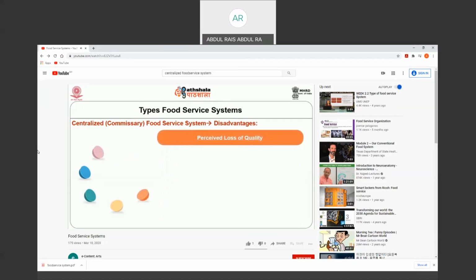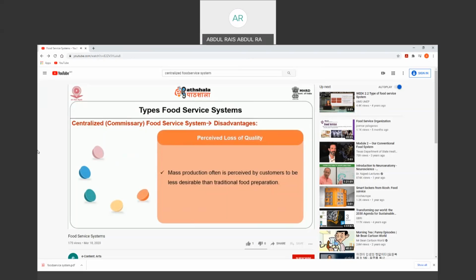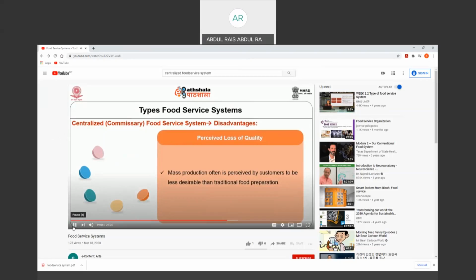Perceived loss of quality. The mass production in a central kitchen often is perceived by customers to be less desirable than traditional food preparation. Less desirable sebab kita masak in bulk. Selalunya kalau kita masak banyak-banyak ni, orang fikir mungkin kita terpaksa guna apa?